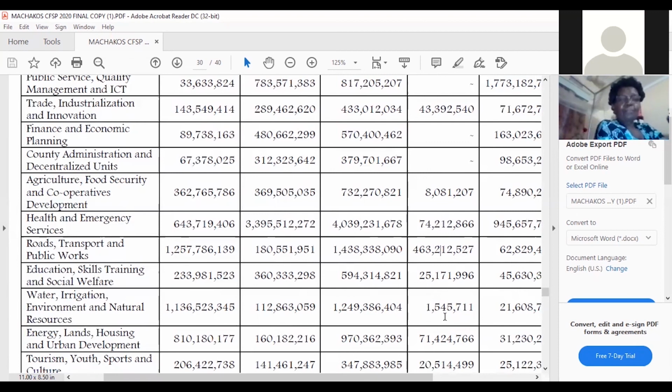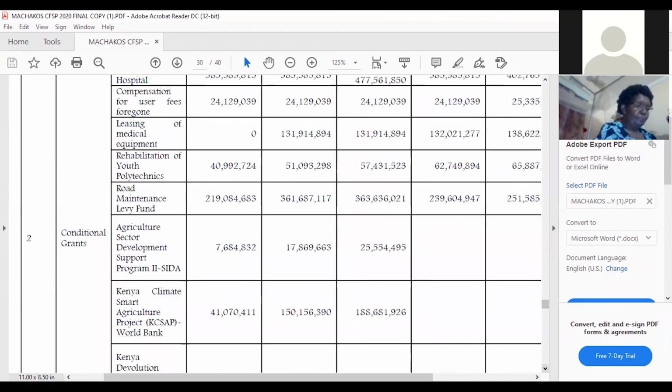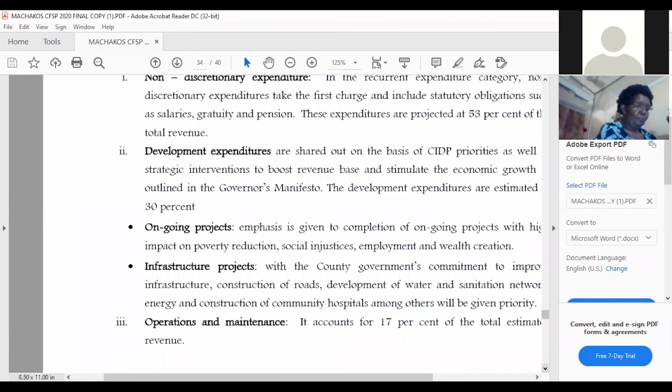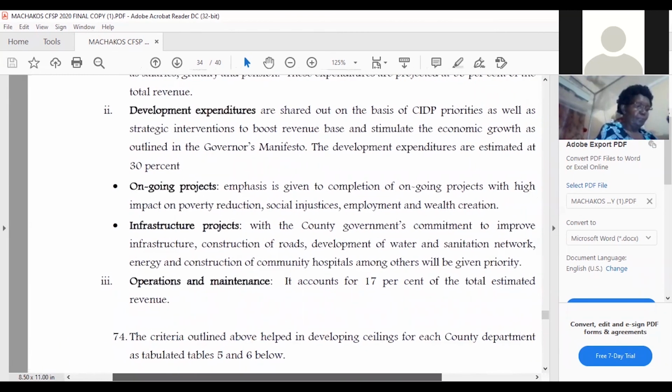It is really wanting. Yes, they are saying that water is a priority, but you can see for yourself. Health, they said 643 million for development, but for the first 6 months they only utilized 74 million. So sometimes the government might say things in writing, but when it comes to implementation, you find that there's a different story.